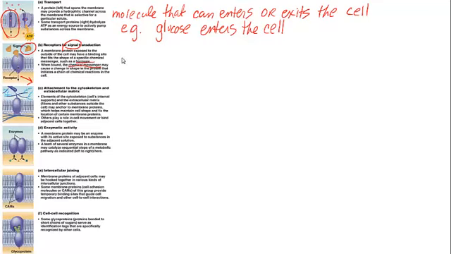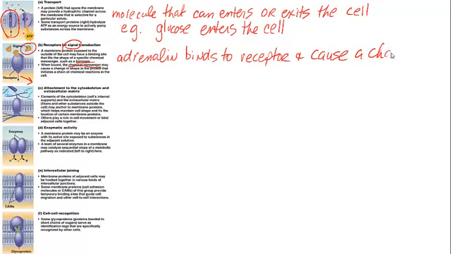One example of this would be adrenaline. Adrenaline, which is epinephrine, is going to bind to a receptor and cause a change within the cell. So in other words, this tells the inside of the cell to start performing a certain activity.